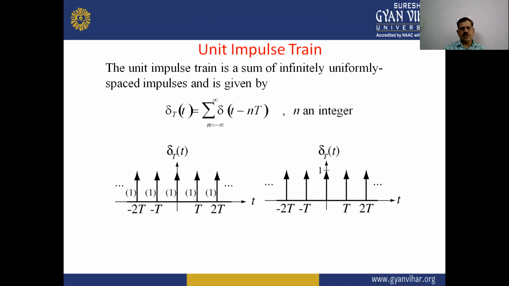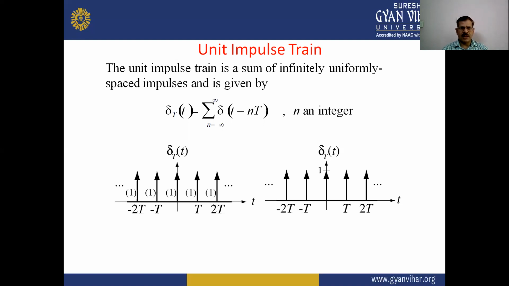Next is the unit impulse train. The unit impulse train is a sum of infinite uniformly spaced impulses and is given by delta T(t) equal to summation from minus infinity to infinity of delta(t minus nT), where n is an integer.